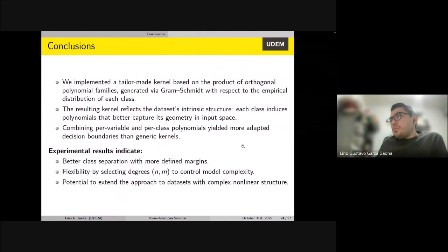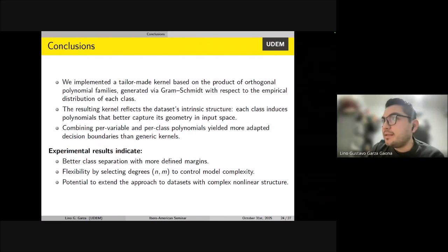So, as a conclusion, I can say that we implemented these custom kernels based on orthogonal polynomial families, using known families like the Cernic polynomials and constructing the polynomial sequences from a fraction of the data.